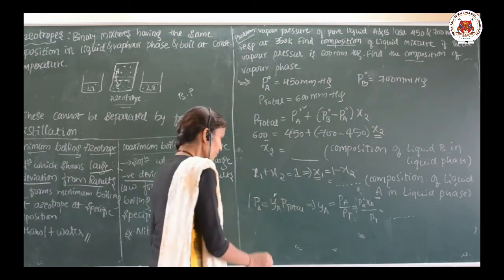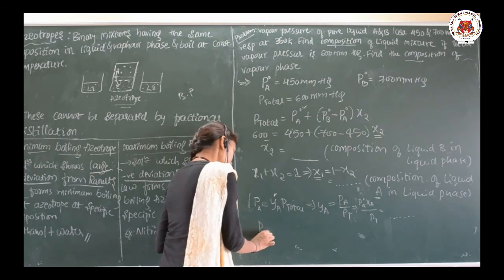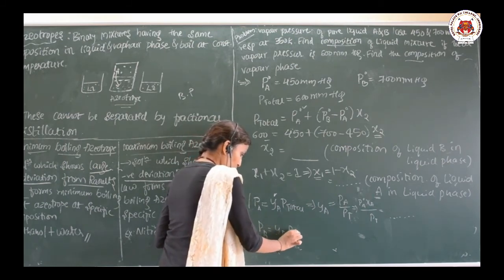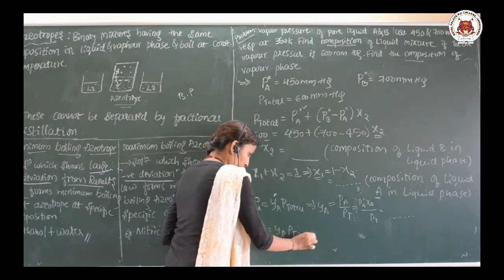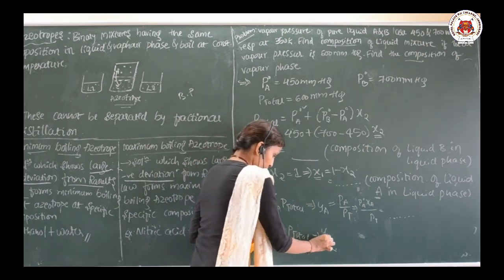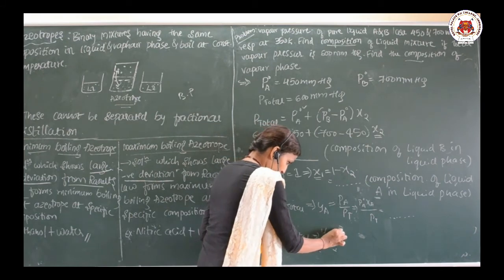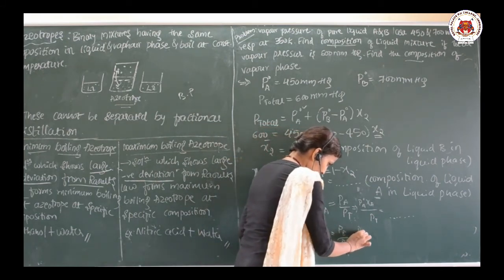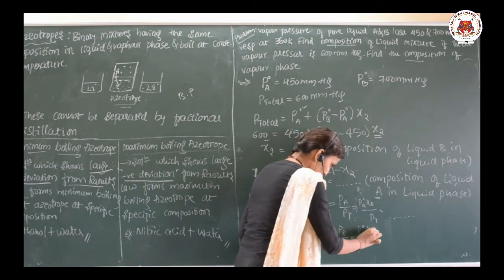Okay. And then similarly I want PB equals YB into P total. Here YB is equals to PB divided by P total. Here PB is equals to PB naught into XB.